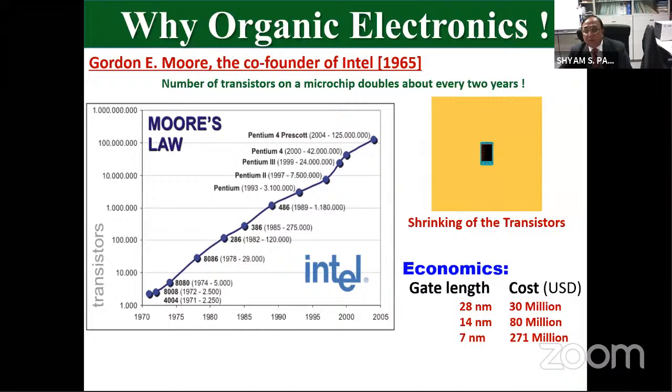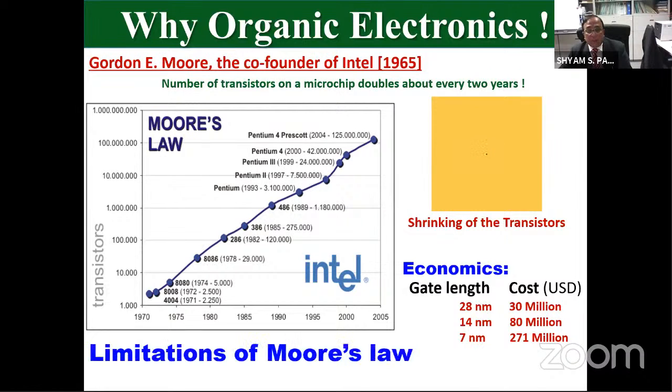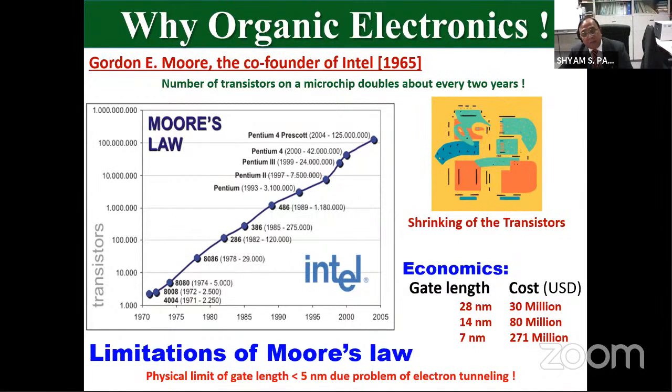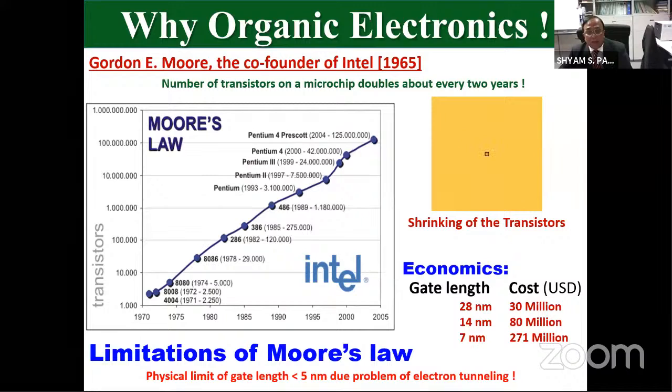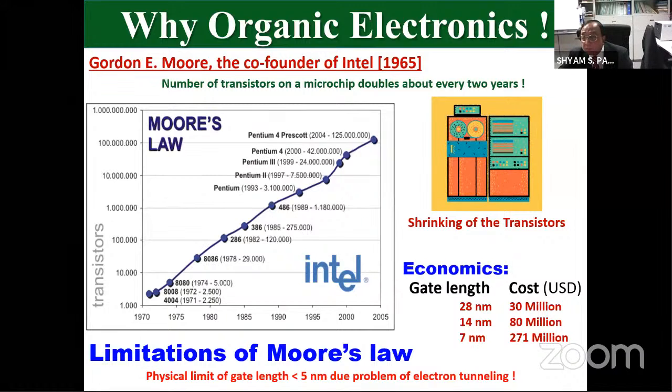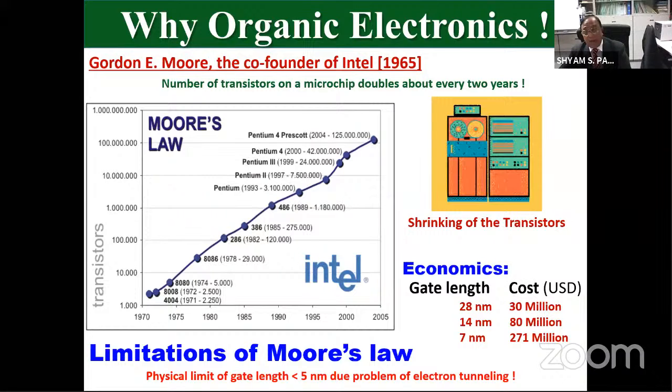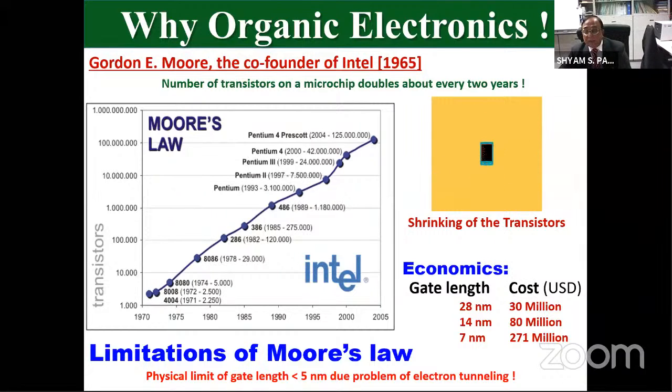Now a debate is also going on, whether we need to make things even smaller. From the physics point of view, a limit is going to come because we cannot reduce the gate length below 5 nanometers because of the electron tunneling problem. It means in downsizing, we are nearly reaching the threshold.